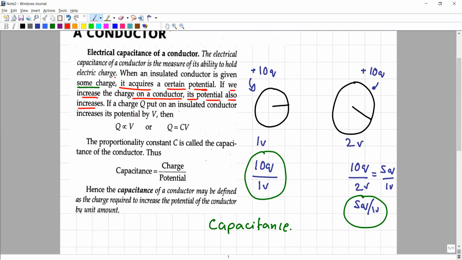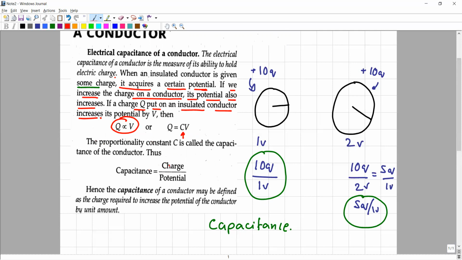We just did that. If the charge q put on the insulated conductor increases, then the potential and charge are directly proportional, and q is equal to cv. This c is the capacitance.